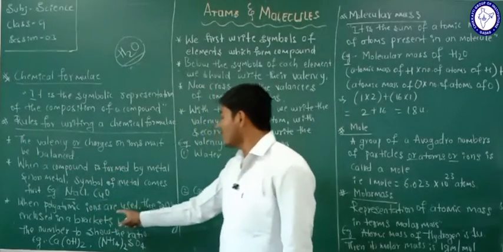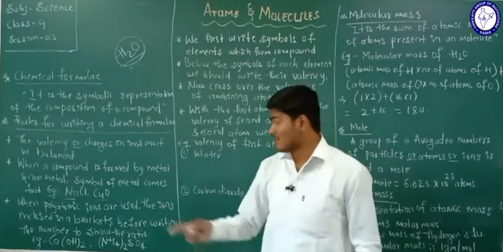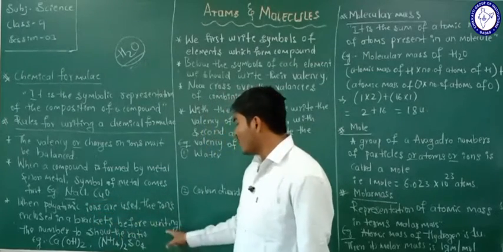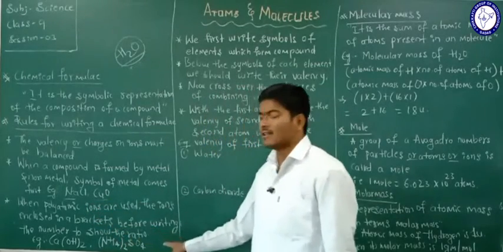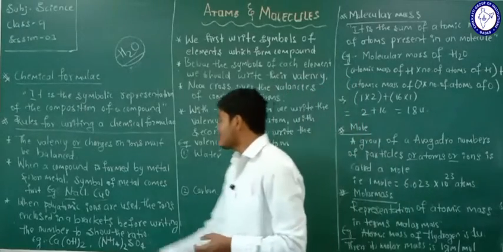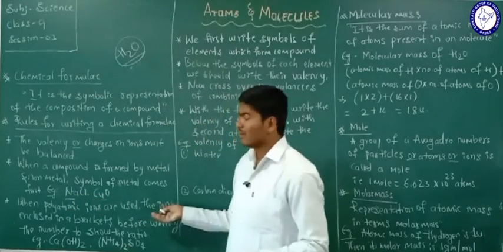When polyatomic ions are used in a compound, the ions are enclosed in brackets before writing the number to show the ratio. Here we were considering only single atoms, not any polyatomic ions.